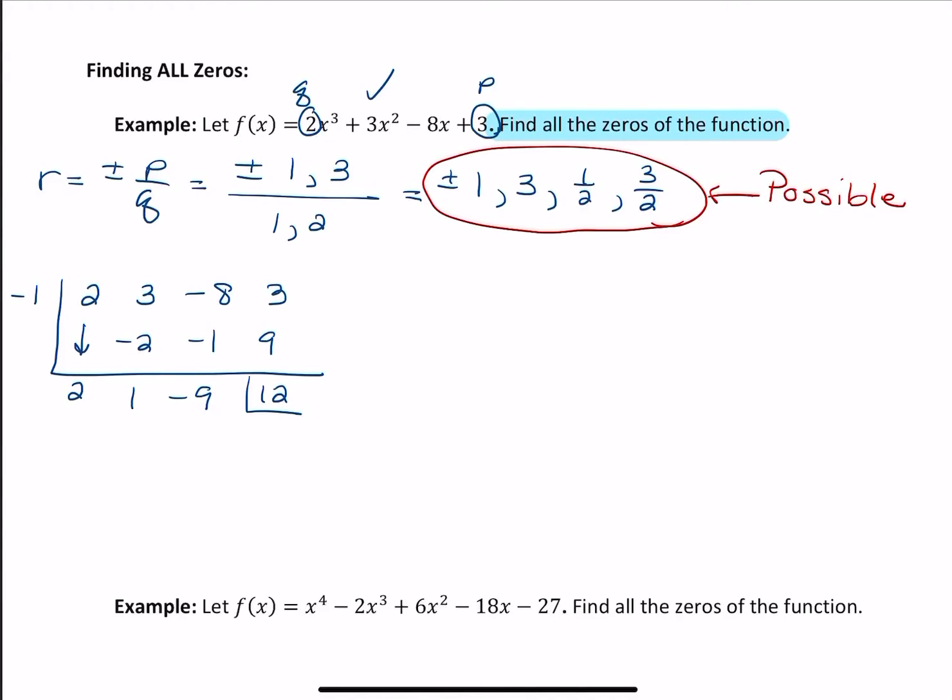Well, if you come out with a remainder that's not 0, that means that it is not a zero of the function. To be a 0, your remainder has to be 0. So -1 doesn't work. So let's try another one. Let's try 1. Same process.